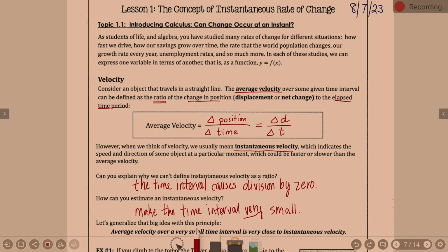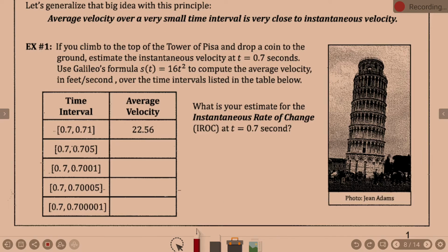But the smaller and smaller you make that time interval, we can get closer and closer to instantaneous velocity there. So, key point here is that average velocity over a very small time interval is not exact, but very close to instantaneous velocity.